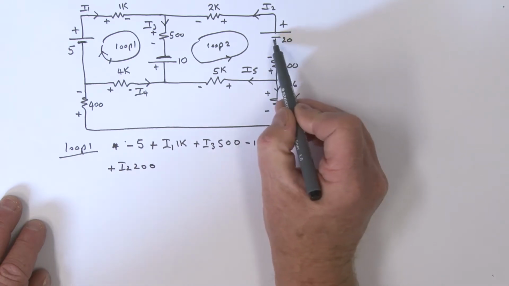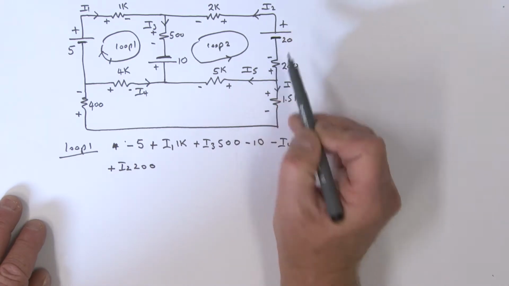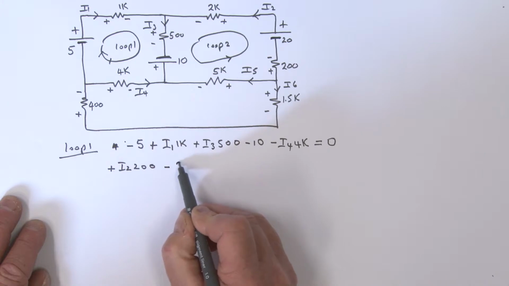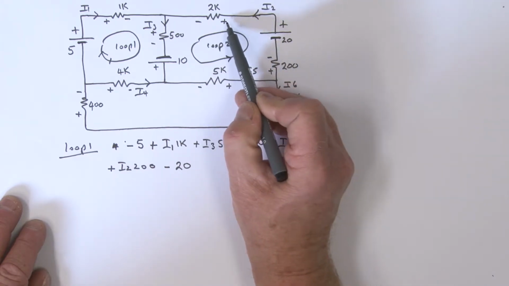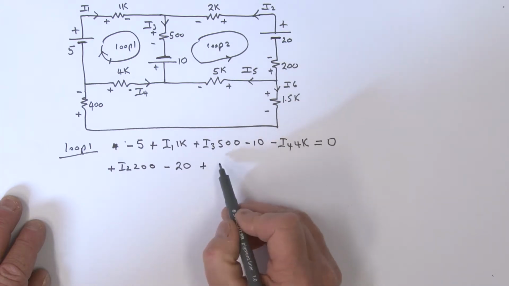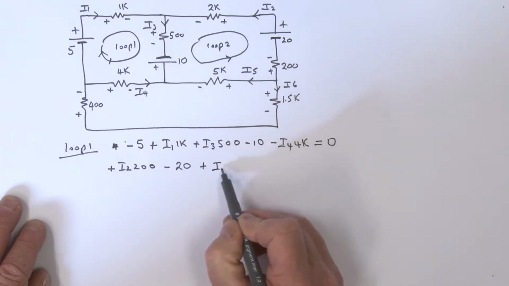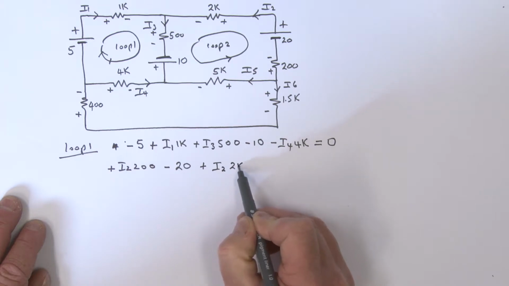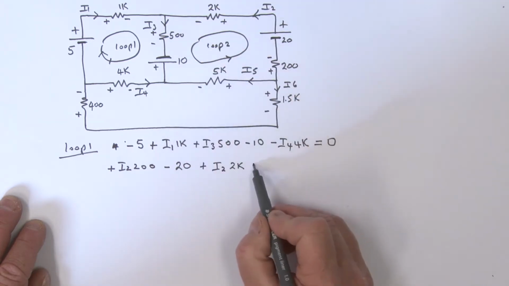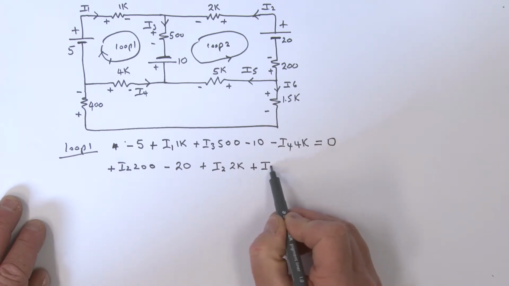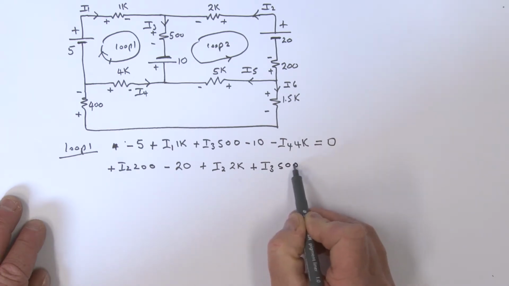Next I come to the minus side of the power supply, so I call that a minus 20. Coming on round, I come to a plus here, so that's a plus, and that is I2 times 2K. Coming on round, once again I hit a plus here, so that is a plus, and that's I3 times 500.